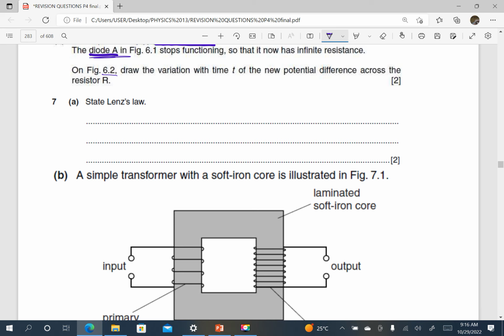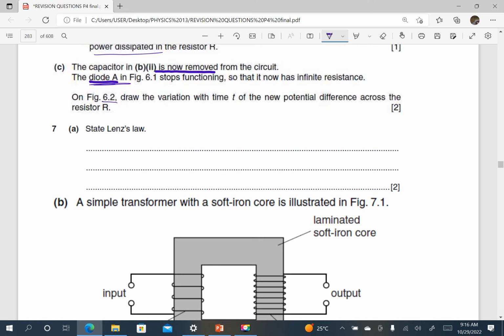Okay, state Lenz's law of electromagnetic induction. Remember, Lenz's law was concentrating on the direction.